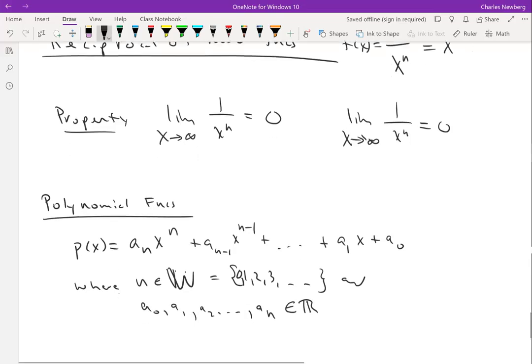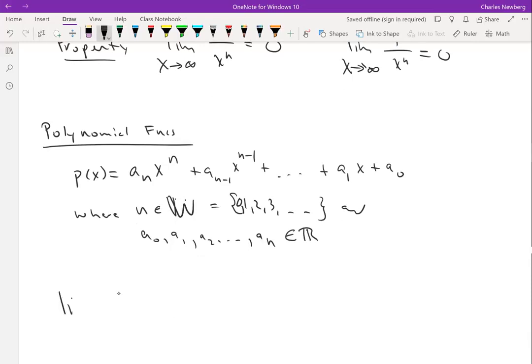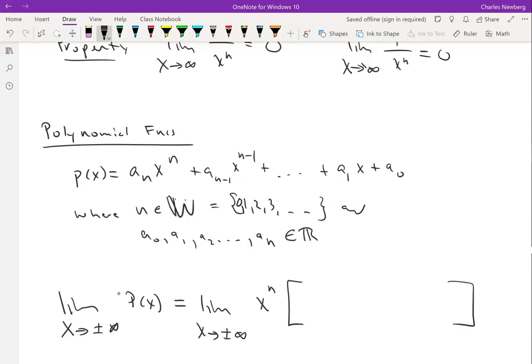All right, so now let's look at the limit as x goes to either positive infinity or minus infinity of P of x. Well, we don't have a lot going on, but we do have these two new properties. So what I'm going to do here is rewrite this and do a little factoring. I'm going to factor out an x to the n from all of these terms of that polynomial.